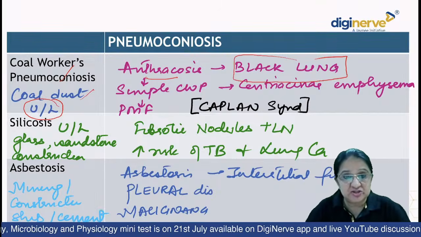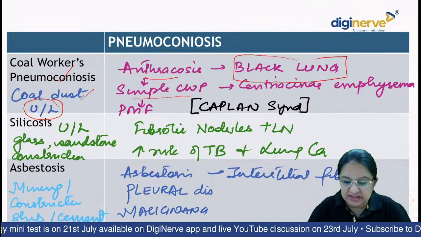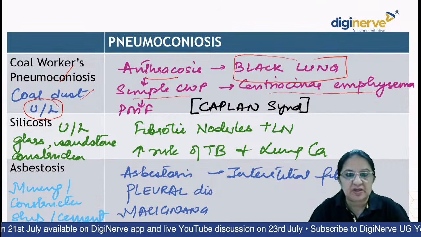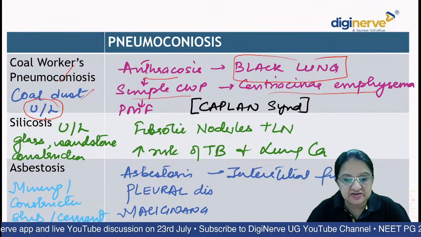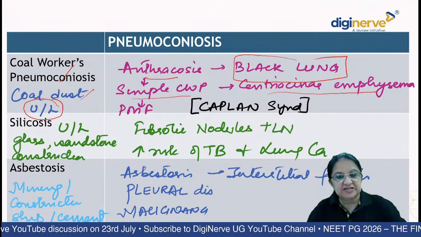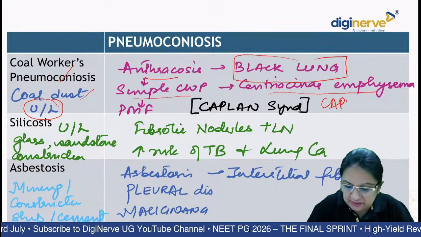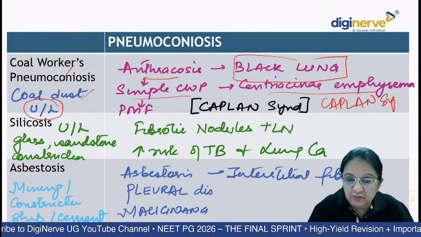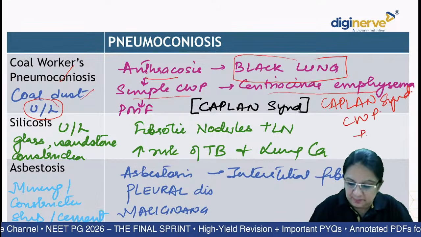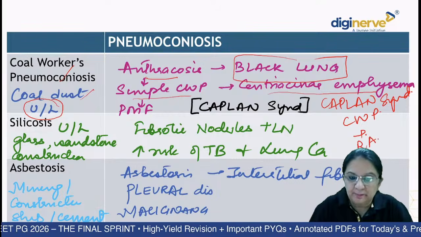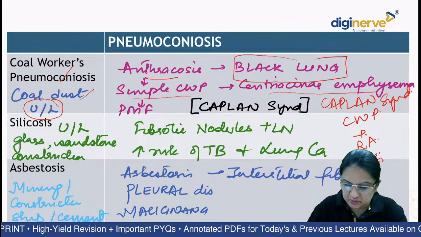The disorder that we call anthracosis, carbon pigment accumulation, also called black lung. Then this progresses to simple coal workers pneumoconiosis. Patients have an associated centriacinar emphysema. This progresses to progressive massive fibrosis. You also know of something called Caplan syndrome. What is Caplan syndrome? Caplan syndrome is simple coal worker pneumoconiosis plus rheumatoid arthritis, or you can also see it with silicosis or asbestosis.